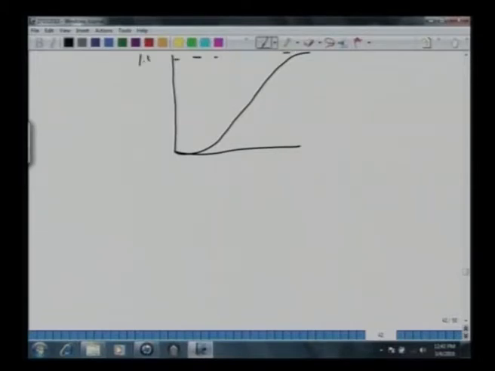This is 1. This is the area, and this is a very small TB. Of course breakthrough starts at 0, and for simplicity we can say that when this response becomes 2% of the total response, the bed has started breaking, or becoming saturated, and one has to stop here.